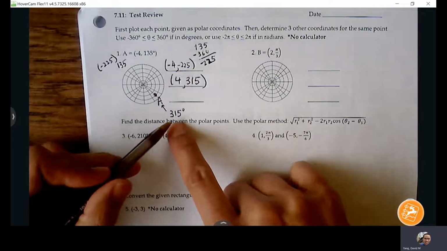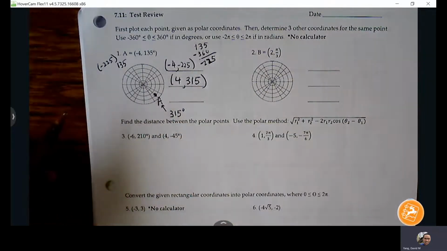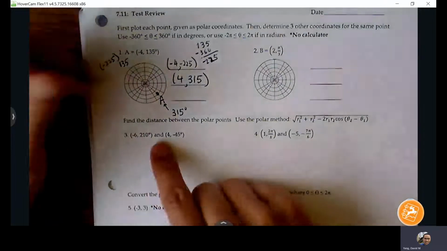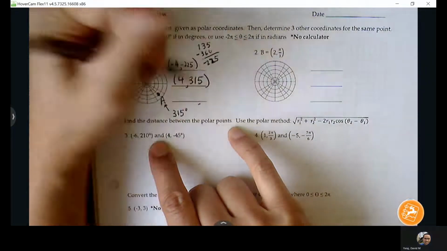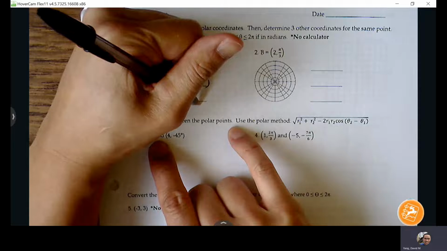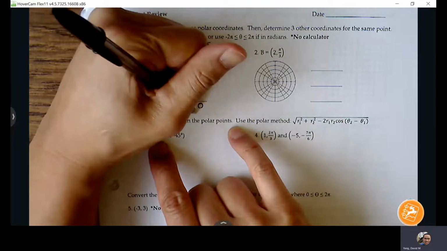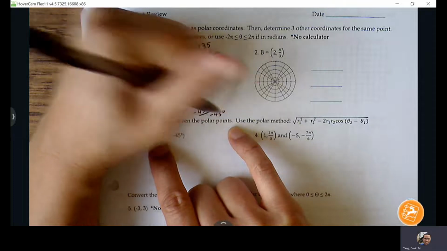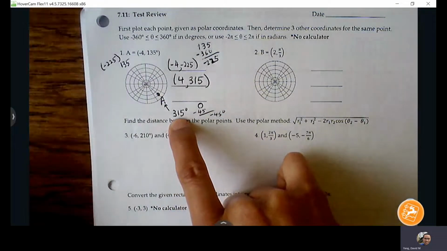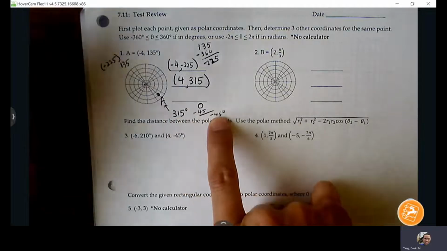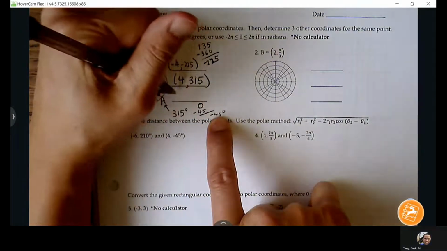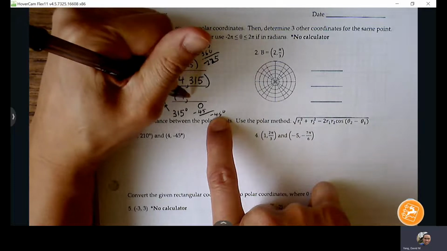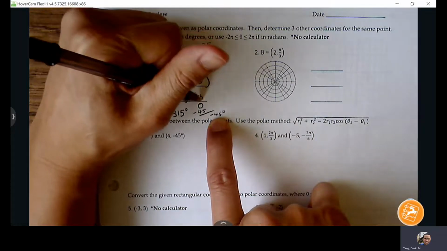And then another way to think about 315 is subtracting from 360, or sorry, subtracting from 0. Or I can subtract 360 from 315. 315 minus 360 will give us negative 45. So I'm walking 4 units towards negative 45 degrees.